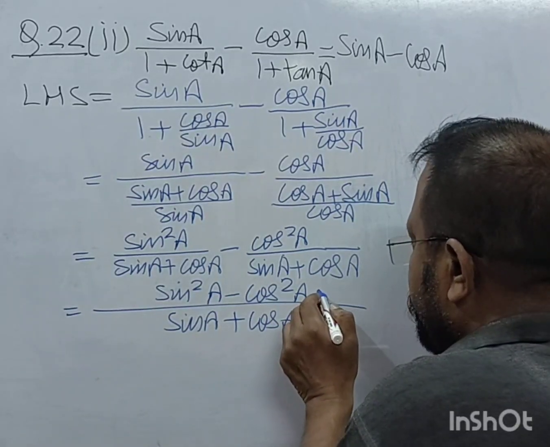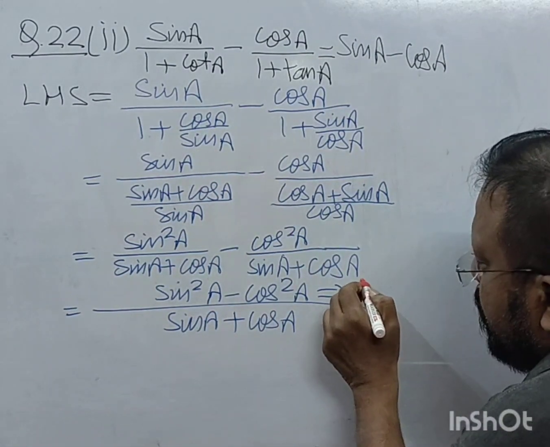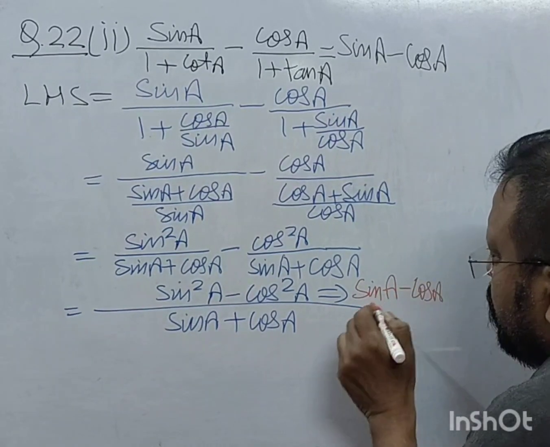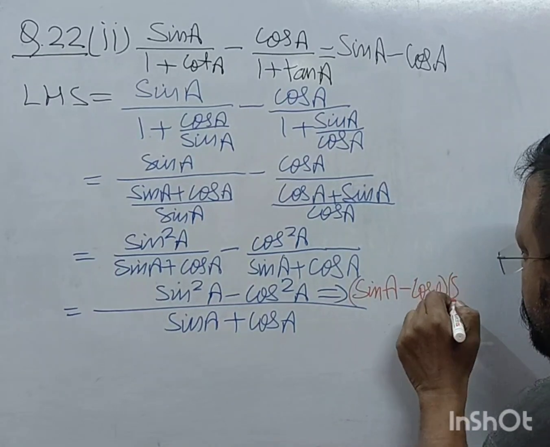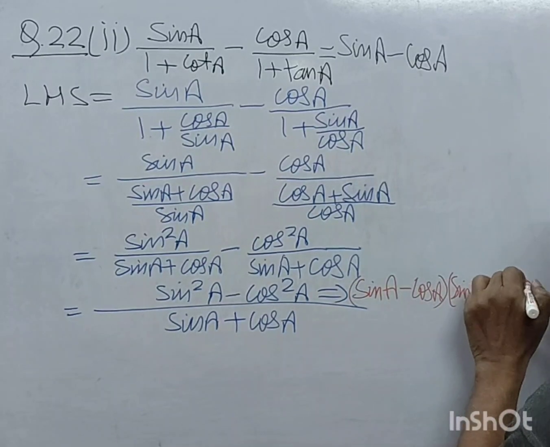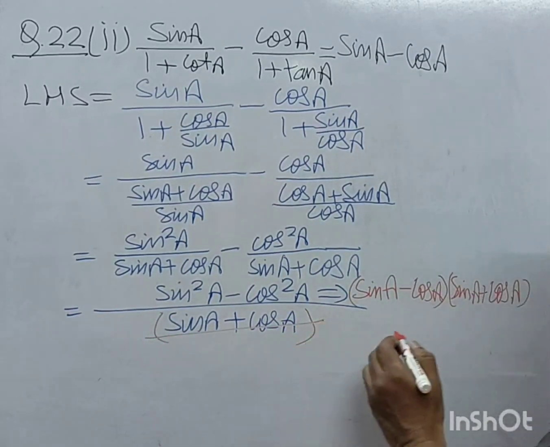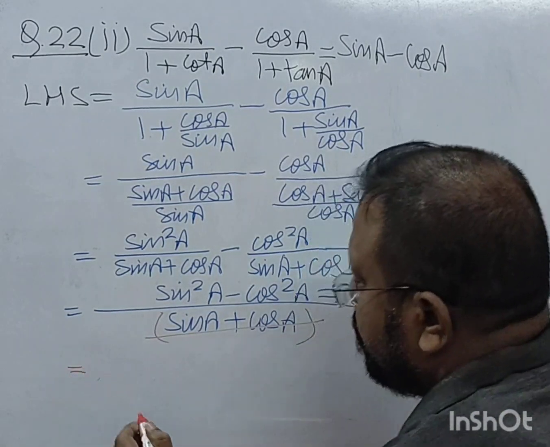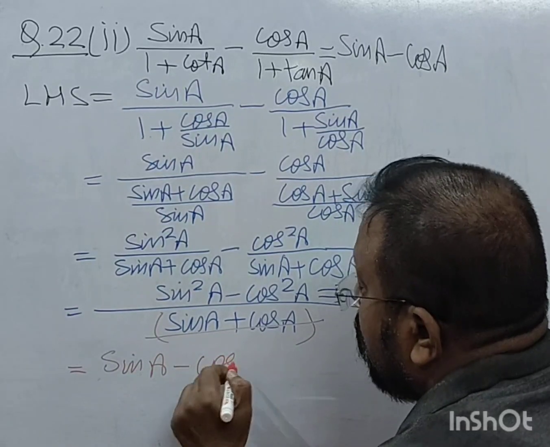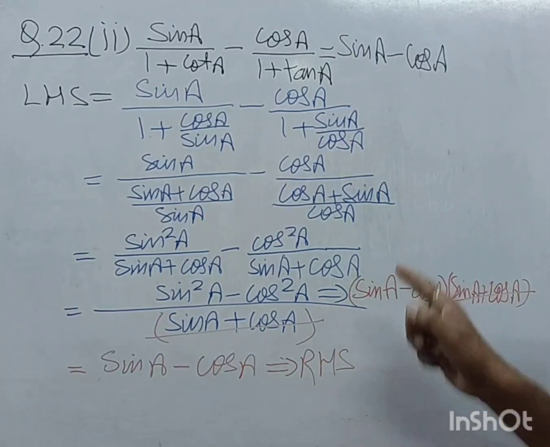When we expand this, we can write it sin A minus cos A and sin A plus cos A. So this is cancelled out with this, and lastly you get sin A minus cos A, which is equal to RHS. You get this?